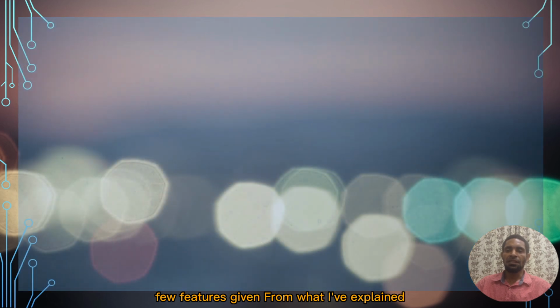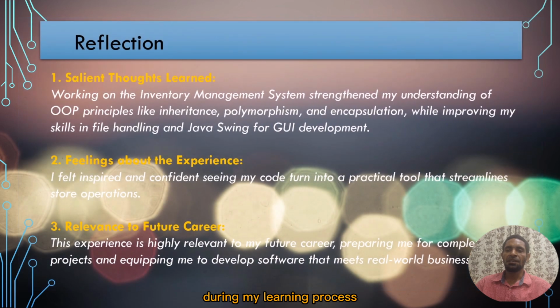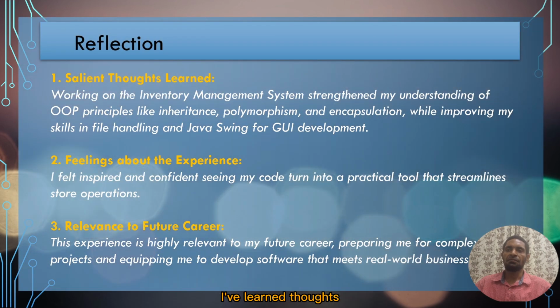From what I've explained during my learning process, working on the inventory management system strengthened my understanding of OOP principles like inheritance, polymorphism, and encapsulation, while improving my skills in file handling and Java Swing for GUI development.